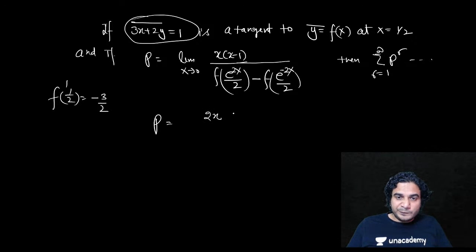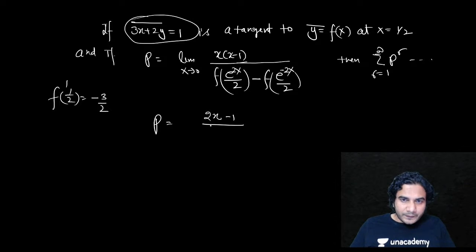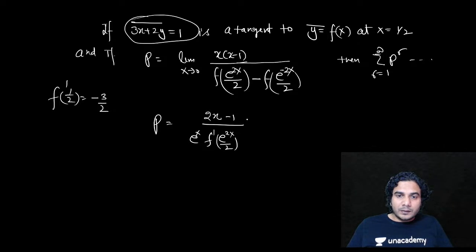So it is going to be 2x minus 1 divided by, if you differentiate it, f dash of e raised to 2x by 2 and then e raised to x, minus f dash of e raised to minus 2x divided by 2. The differentiation of e raised to minus 2x is e raised to minus 2x into minus 2 by 2, so this will become plus 1.